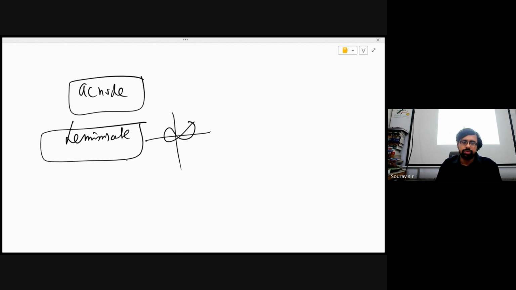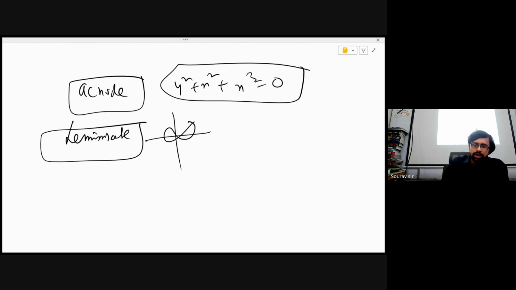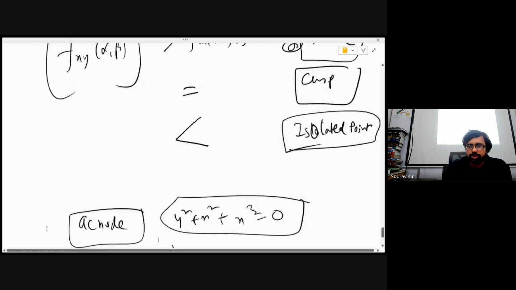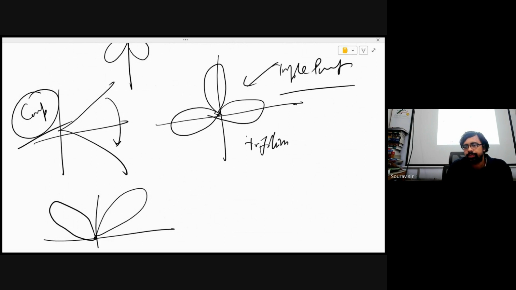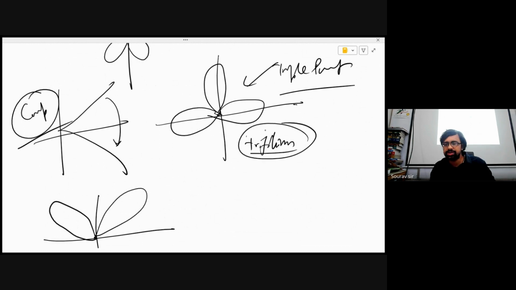ओके, सो इसका इक्वेशन क्या है? y square plus x square plus x cube equal to 0. This is one. ओके, and triple point मैंने जो दिया यहाँ पर, this triple point also is called trifolium. ओके, ट्राइफोलियम है अपना. This in general doesn't come into the entrance as you've asked me, Rohit, so that's why I'm giving you the answer.